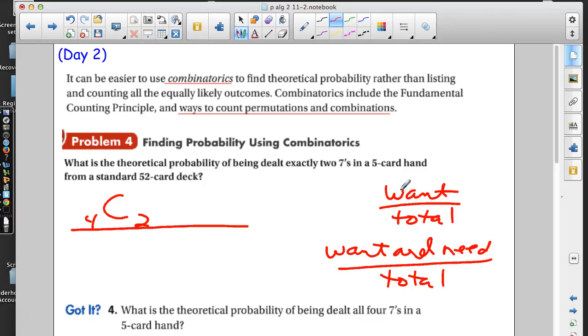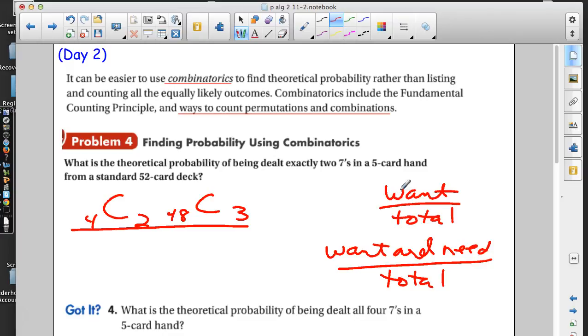But they can't be sevens, because remember, I need exactly 2 sevens. So how many non-sevens are in a deck of cards? 48. There's 52 cards altogether, and if we take those 4 sevens out of there, now we're down to 48. And if I already got my 2 sevens, how many more cards do I need to have a 5-card hand? 3 more.